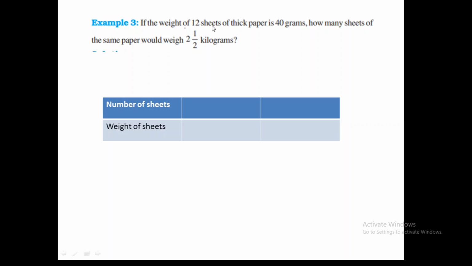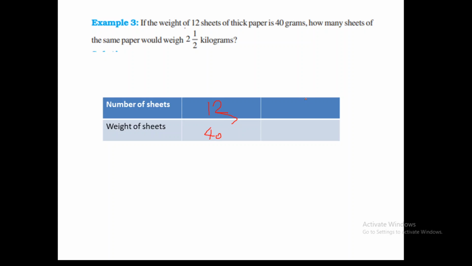Here 12 sheets of thick paper, the weight is 40 grams.